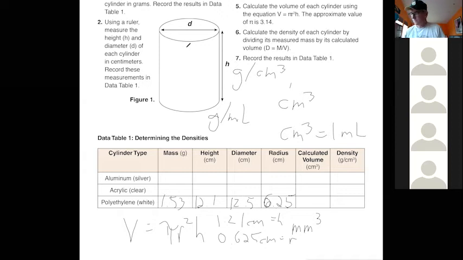We got 1.48 centimeters cubed. So if my mass is 1.53 grams and my calculated volume is 1.48 cubic centimeters, what's going to be my density?